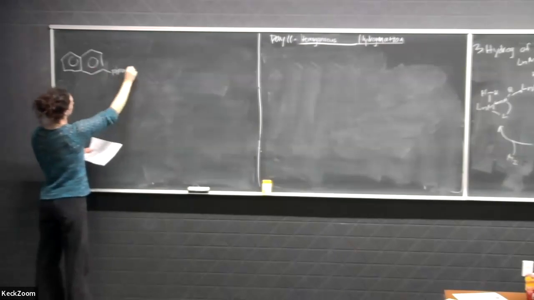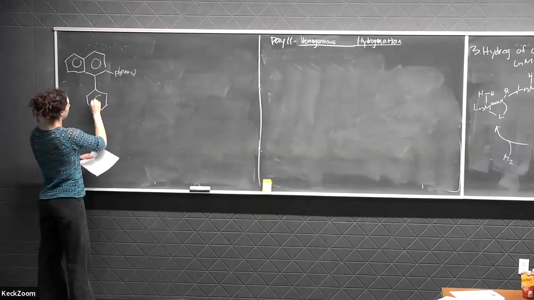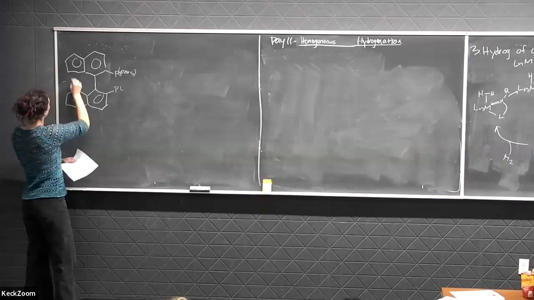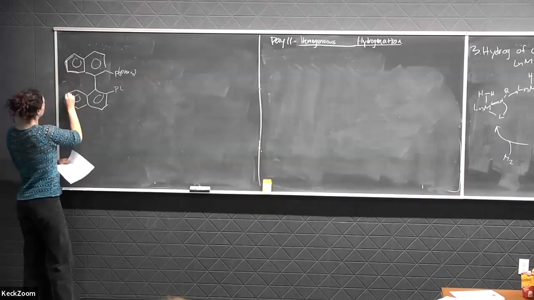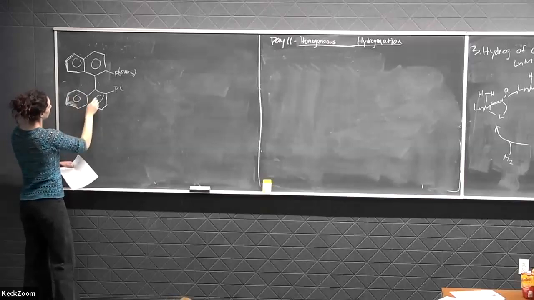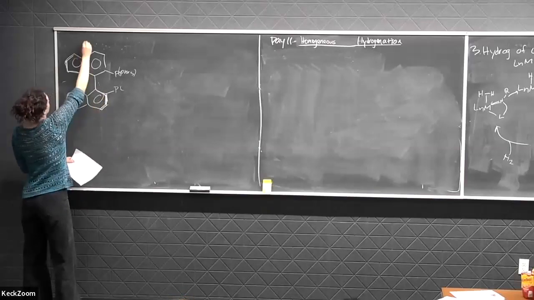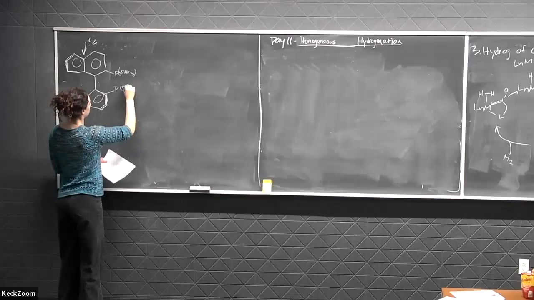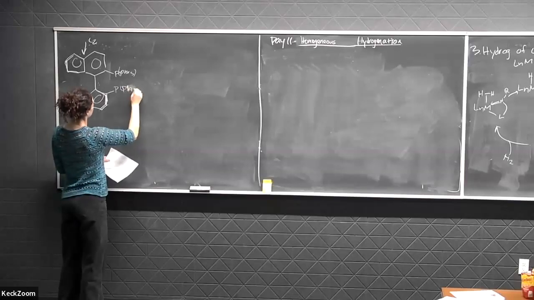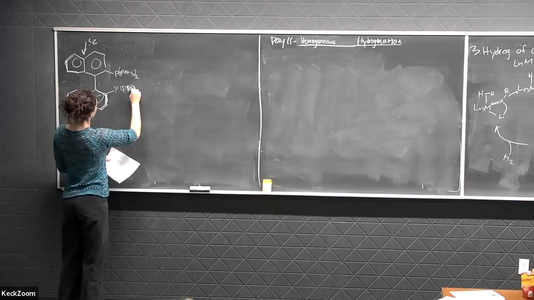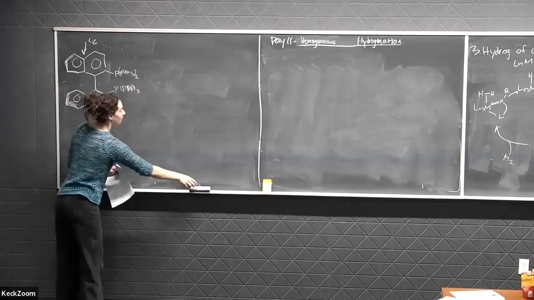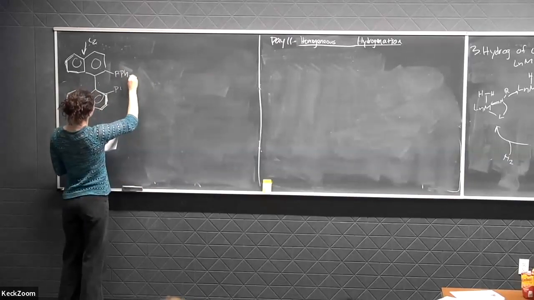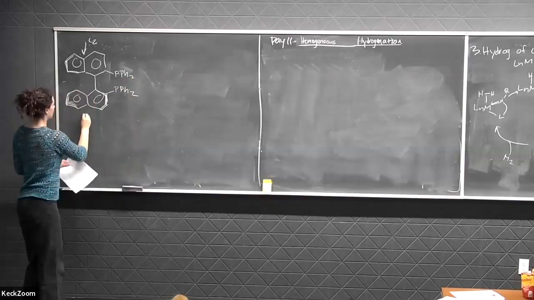So when this phosphine is diphenylphosphine with this naphthalene backbone, which is C2 chiral, this can enable H2 hydrogenation. There we go. Okay, so this is BINAP.